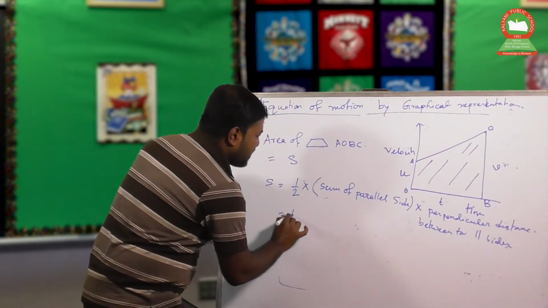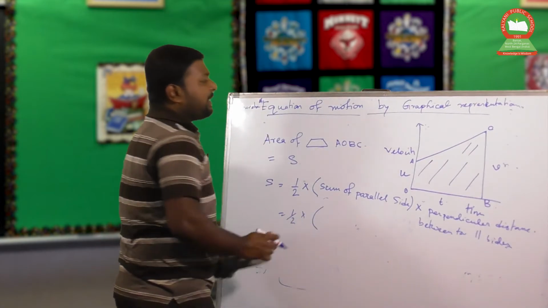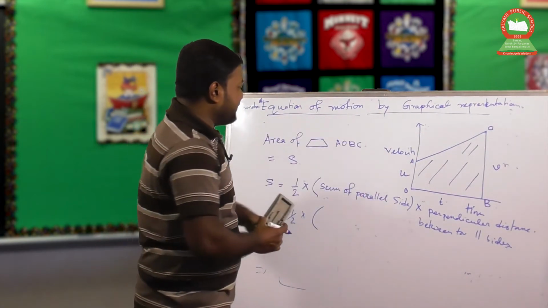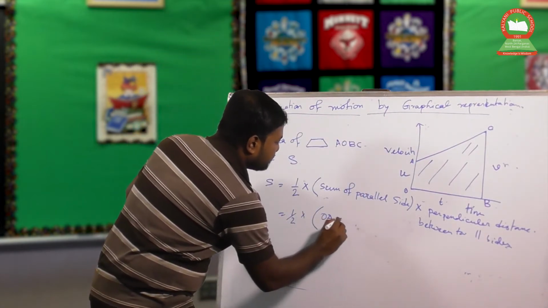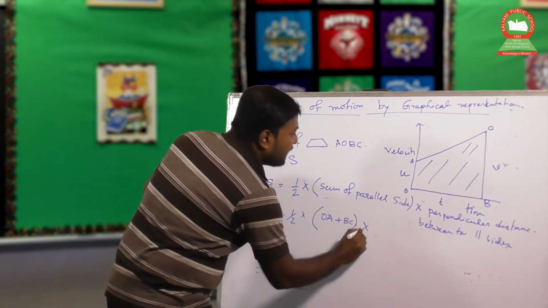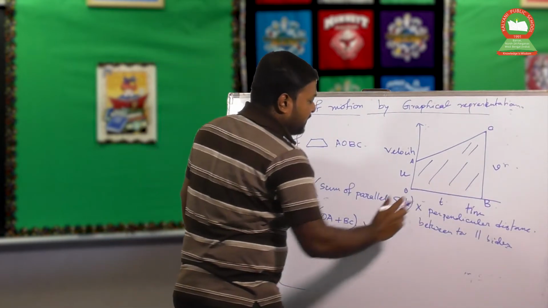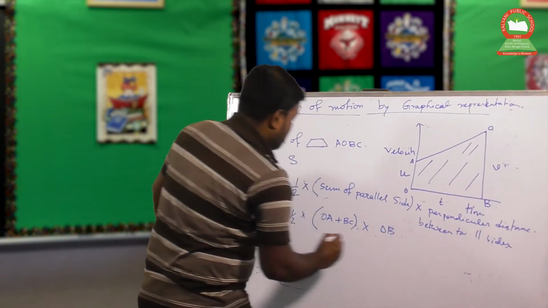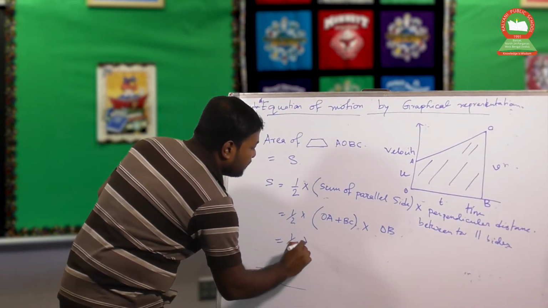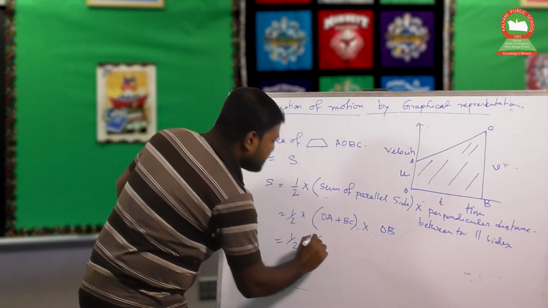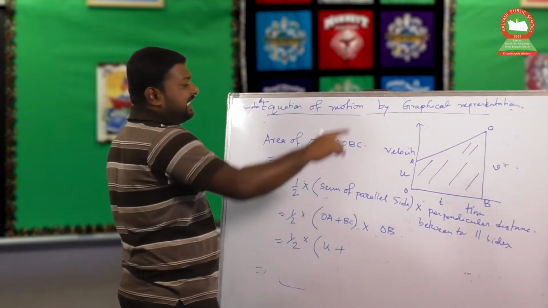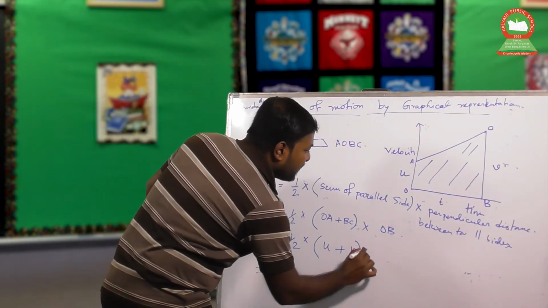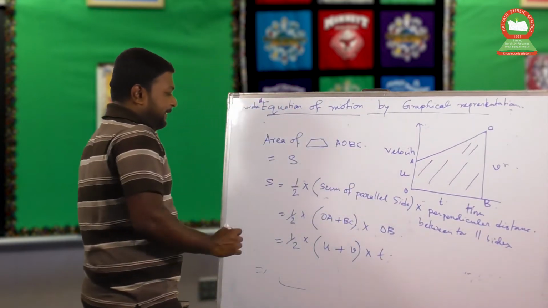So in this equation, half into the sum of the parallel sides is OA plus BC, and the perpendicular distance is nothing but OB. So half into OA, OA is nothing but U, and BC is nothing but V. OB is nothing but T.